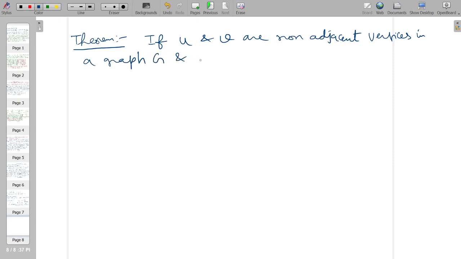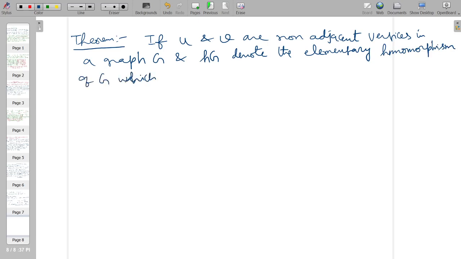and HG denotes the elementary homomorphism of G which identifies U and V. Now what will happen here?